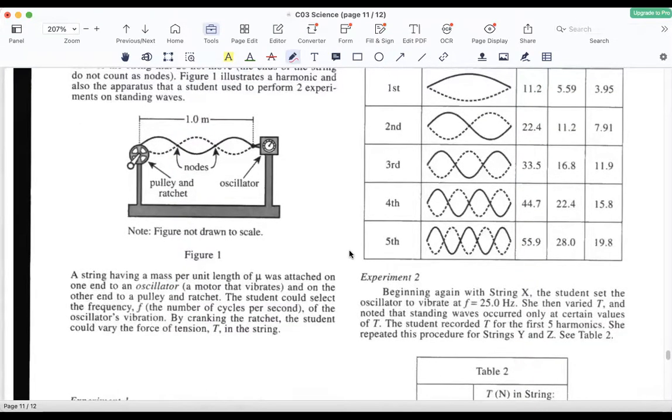A string having a mass per unit length of mu was attached on one end to an oscillator, a motor that vibrates, and on the other end to a pulley and ratchet. The student could select the frequency of the oscillator's vibration. By cranking the ratchet, the student could vary the force of tension in the string.